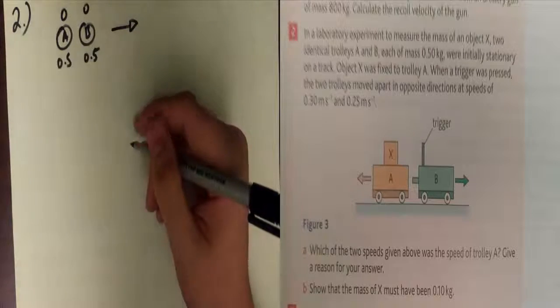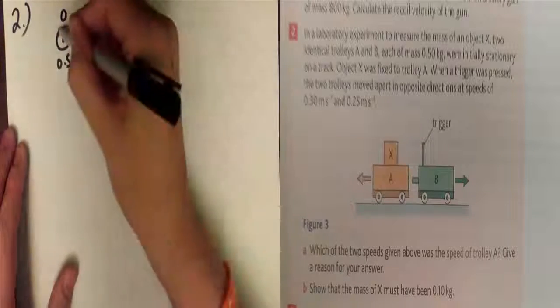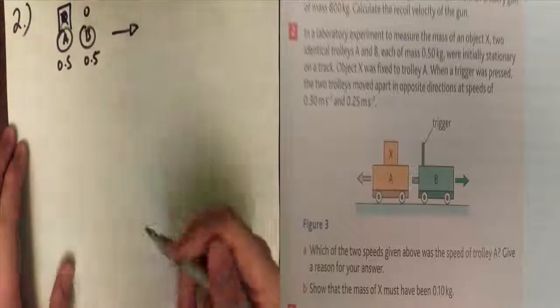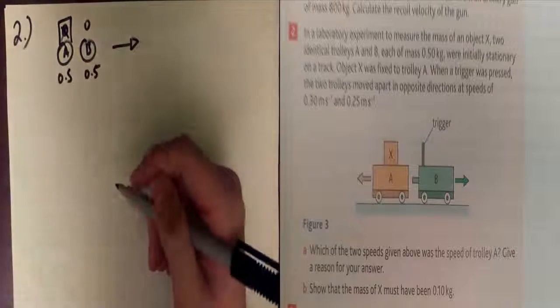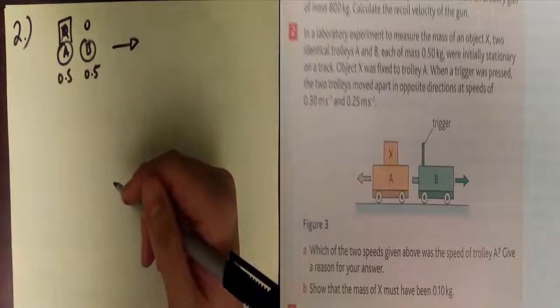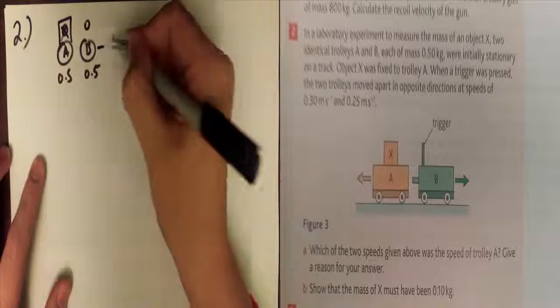Object X was fixed to trolley A. So let's imagine a nice big object X attached to trolley A. When a trigger was pressed, the two trolleys flung apart.